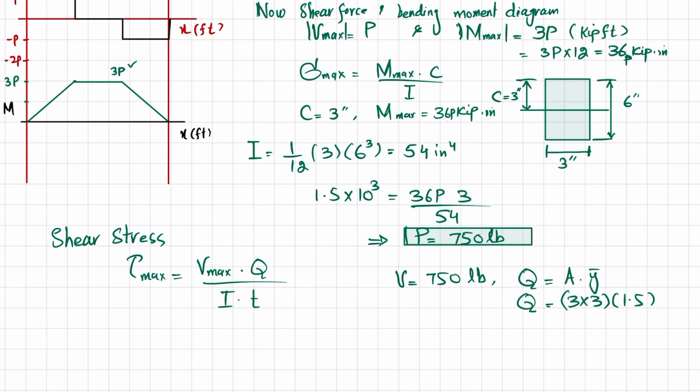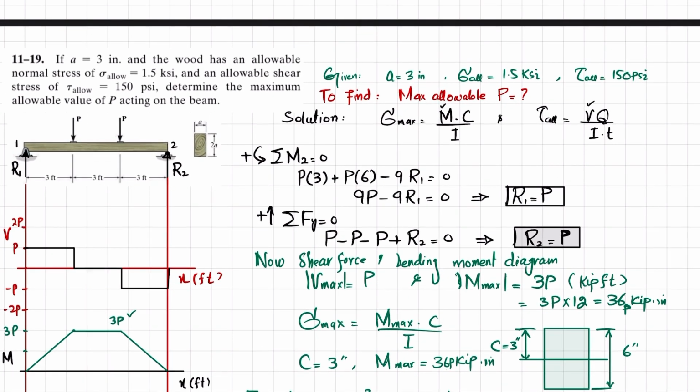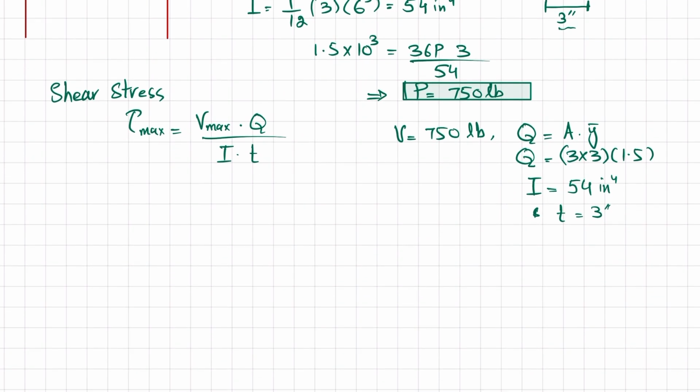I is also available. I that we have calculated was 54 inch power 4, and T is equal to 3 inch, this one. So you can just put the value. Maximum shear stress is 150 psi, so 150 is equal to 750 into Q, which is 3 multiplied by 3 into 1.5, divided by I, which is 54 multiplied by 3.